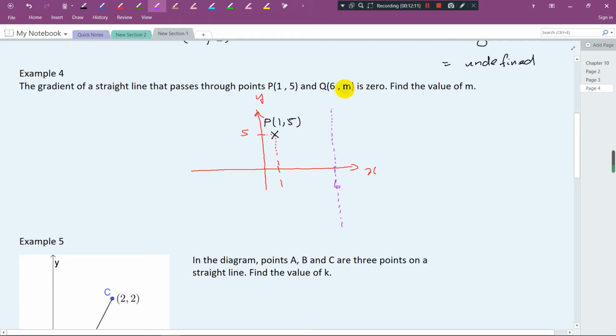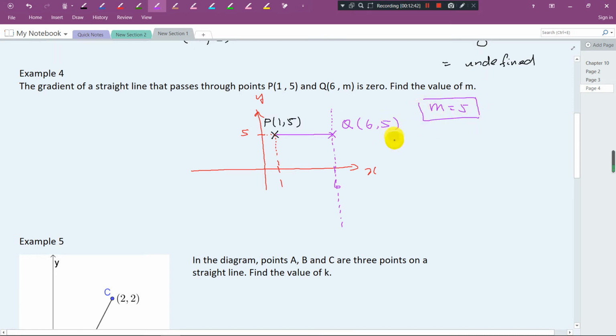Since the question tells you the gradient of PQ is 0, it means that PQ is horizontal, parallel to the x-axis, right? So Q must be over here. So from here we know the coordinate is 6, 5. And by comparison, we know m is equal to 5.